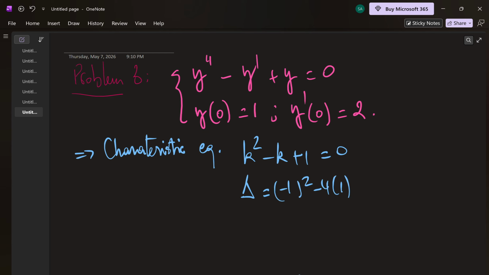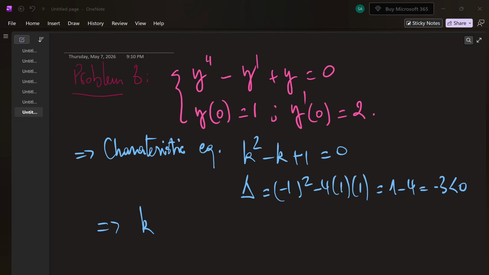Here delta is minus 1 squared minus 4 times 1 times 1, which is equal to 1 minus 4, which is equal to minus 3, which is less than 0. In this case, since delta is less than 0, we have complex solutions.